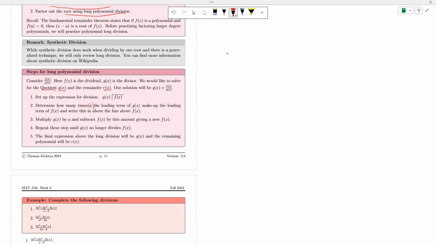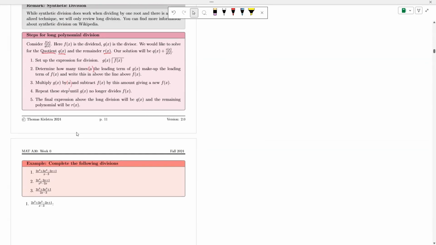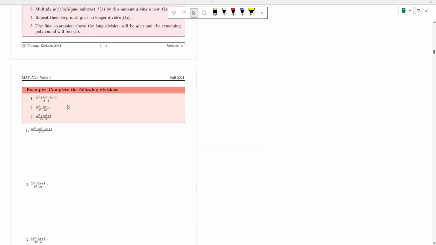We're going to multiply g of x by our value a and subtract from f of x by this amount, giving a new f of x. We repeat this step until g of x no longer divides f of x. The final expression above the long divisor will be our q of x, and the remaining polynomial will be r of x.